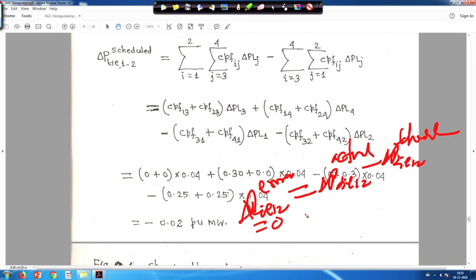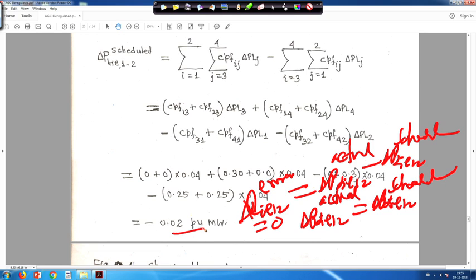If it is 0, then delta P tie 1-2 actual has to be equal to delta P tie 1-2 schedule. Since the schedule is minus 0.02 per unit megawatt, at steady state delta P tie 1-2 actual must be equal to minus 0.02 per unit megawatt. I will show you the dynamic responses also, but this is the philosophy of how you can do this. Thank you very much, we will be back again.